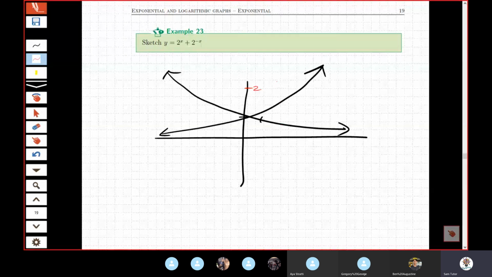Yeah. So what's 10 plus a smaller number like 0.5? It will be a little bit bigger than 10. Right? What's, I don't know, 1.5 if you want, plus 0.7?